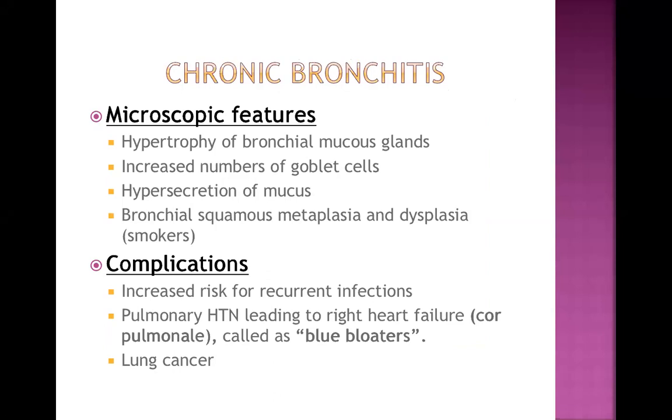Now remember, in chronic bronchitis there is an increased amount of sputum production. The source of this sputum is the excessive secretion from either the bronchial mucus glands or goblet cells. Along with that, even the infection plays a role.